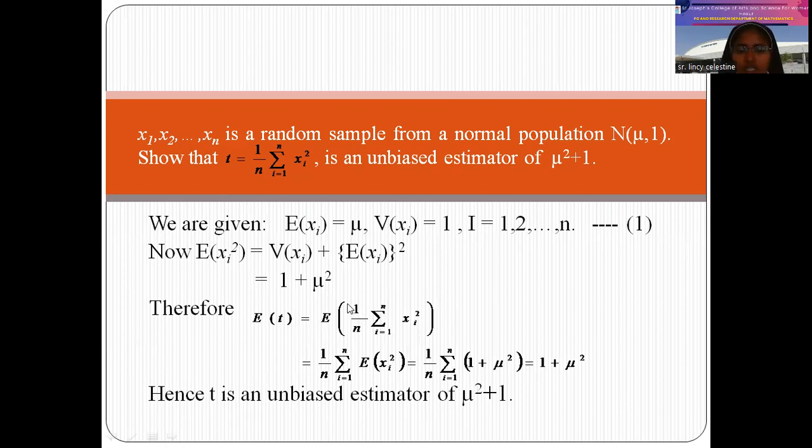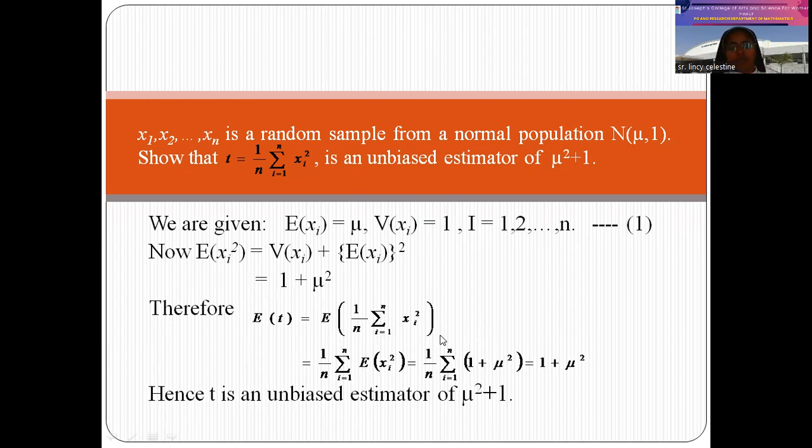So we have taken the constant 1 by n outside, and then we can write expectation of summation equal to summation of expectation. So we have written here summation of expectation of xi squared. We already know the expectation of xi squared value is 1 plus mu squared.